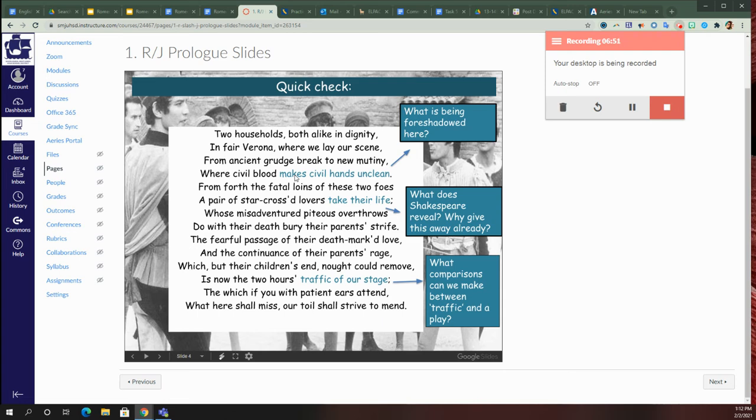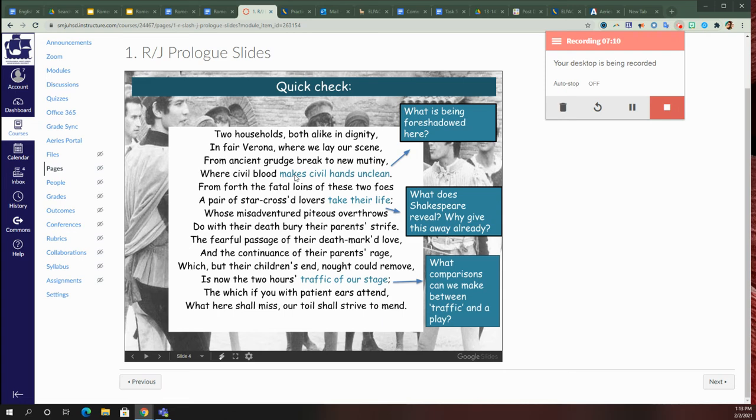However, this is something that Shakespeare reveals within the first 6 lines of the play. So why do you think that he's giving us these details, and what is the effect for us, the readers, knowing this really valuable and vital piece of information to begin with?